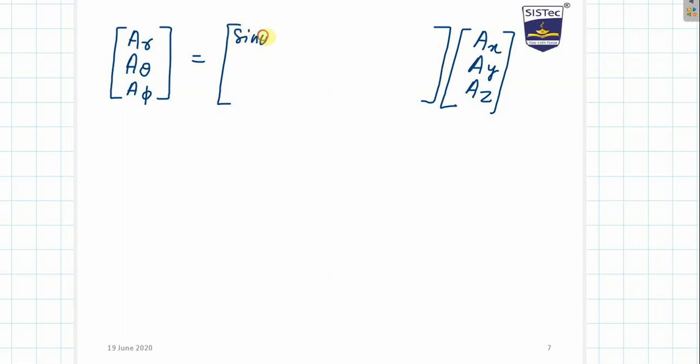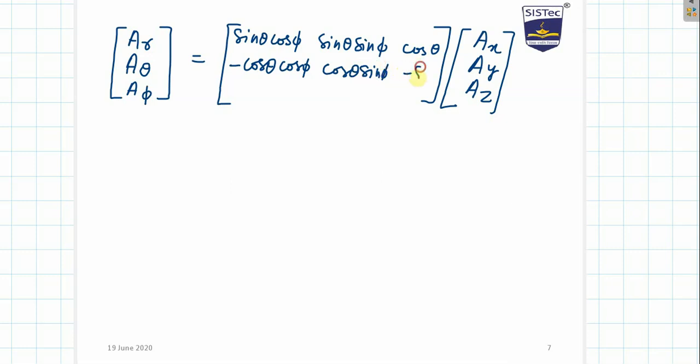So it is your sin theta cos phi, sin theta sin phi, and here it is cos theta. Next one is minus cos theta cos phi, then cos theta sin phi, and then minus sin theta.